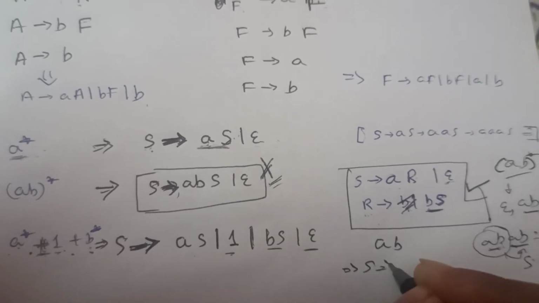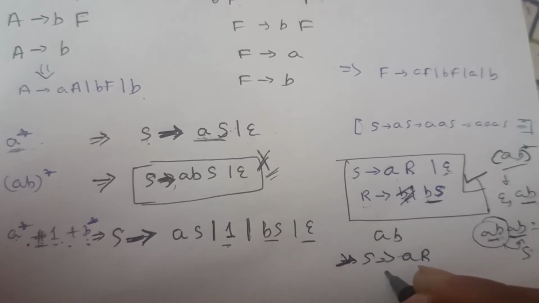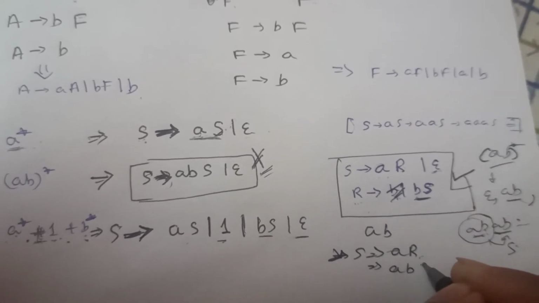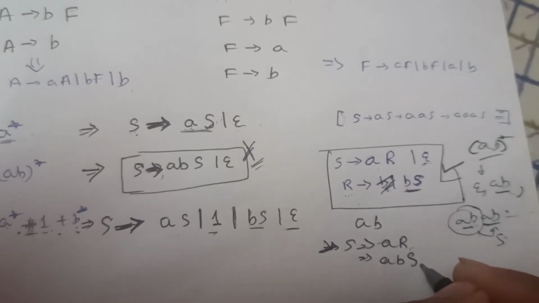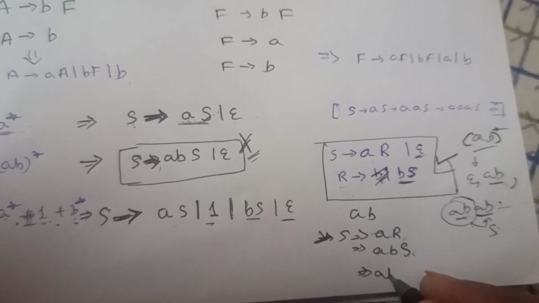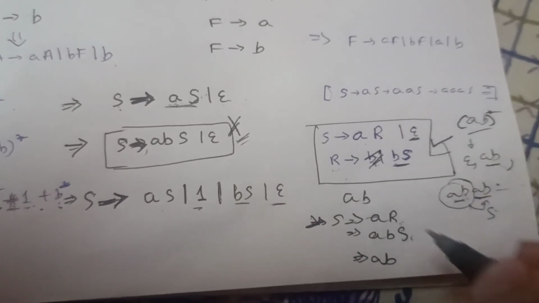From S we get AR, and again for R we get BS. So that will be ABS, and again for this S, if we put null, then this string will be AB by itself.